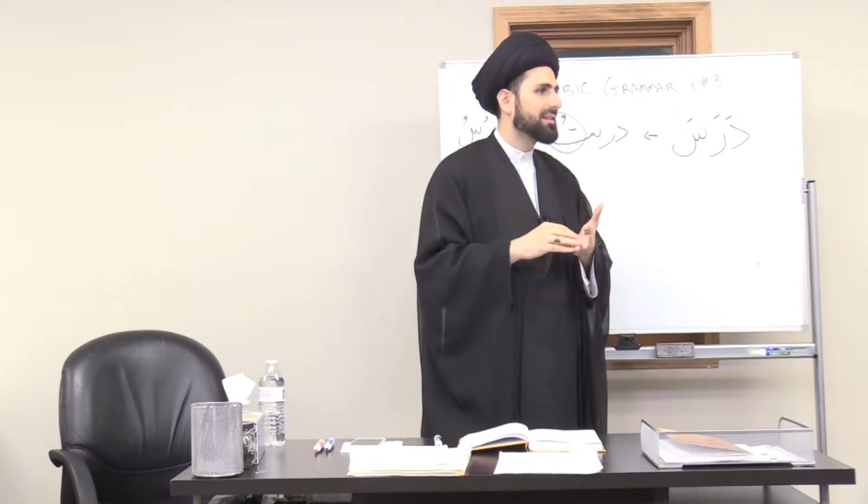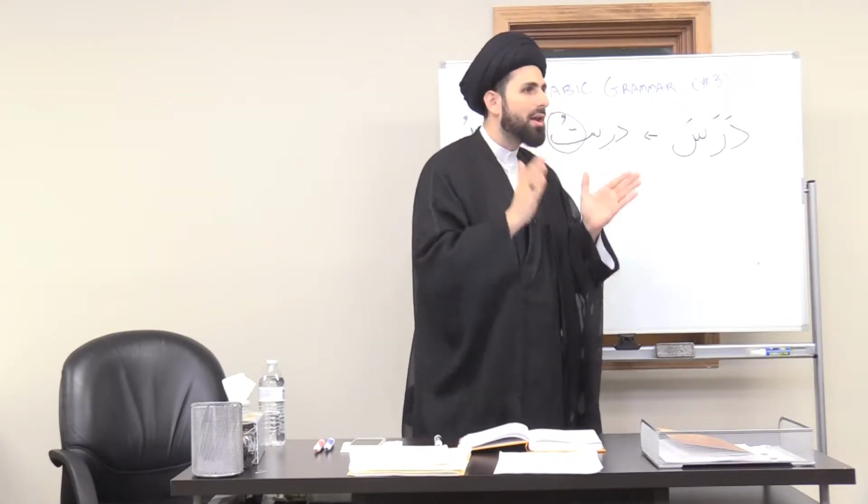Him. He. And what else do you have? The ta, if you're referring to, she. For example, you're referring to a female, a she. So every fi'l al-mudari' starts with one of these letters.